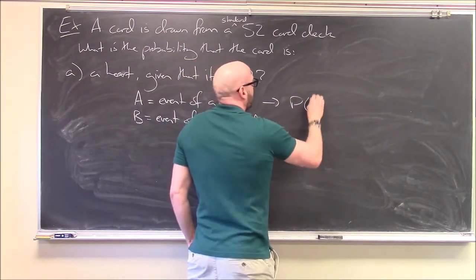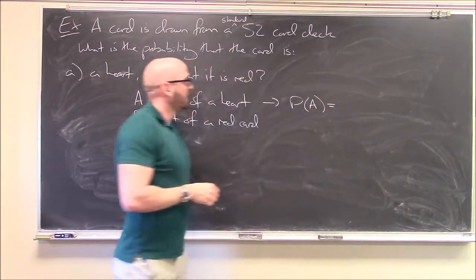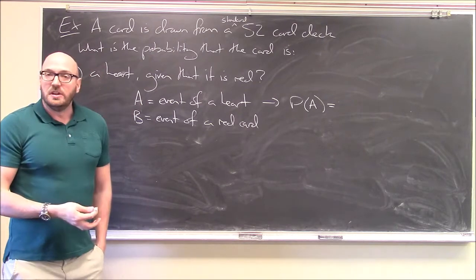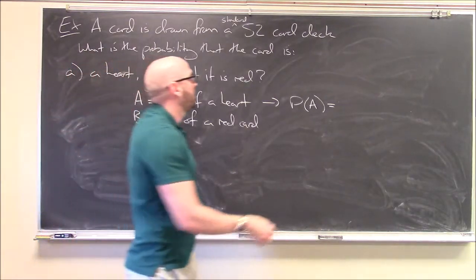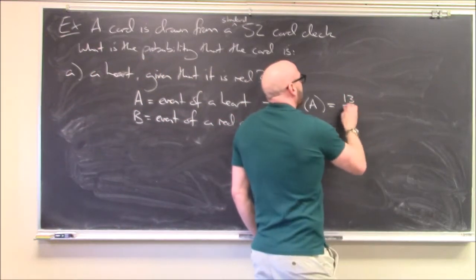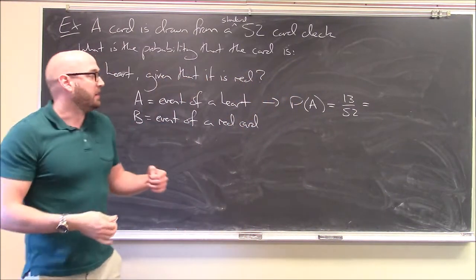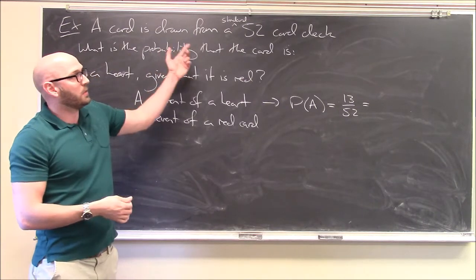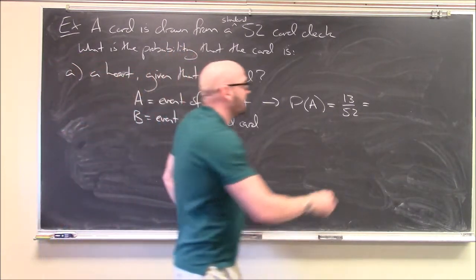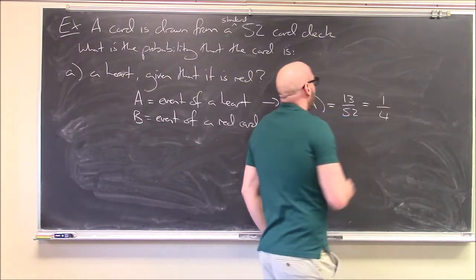Okay, so what's the probability of drawing a heart? Well, there's 13 cards of each suit over 52 cards, so this is 13 over 52, or perhaps more intuitively, exactly 1/4 of the deck is a heart, right? So this simplifies down to 1/4.